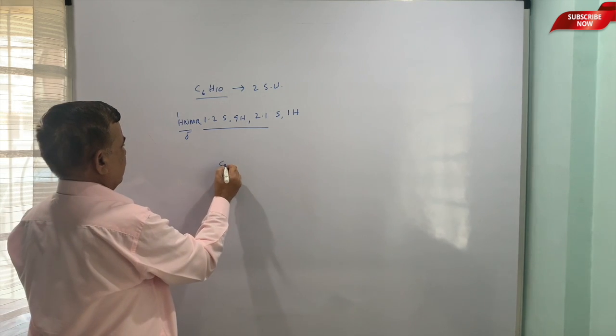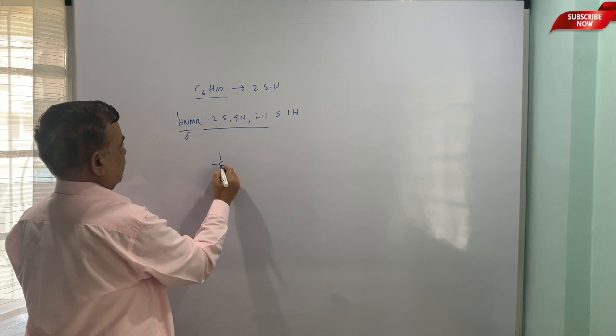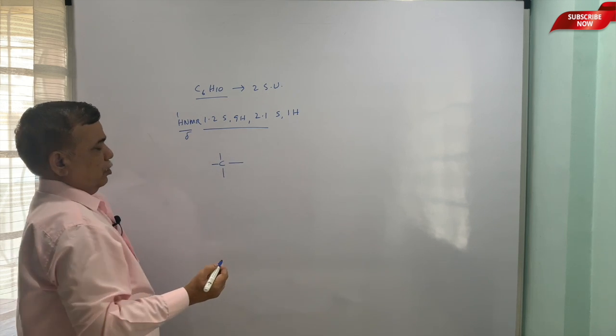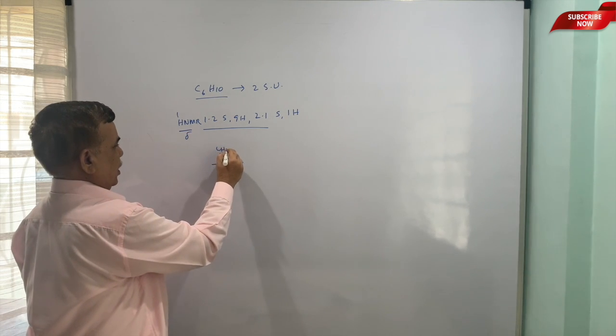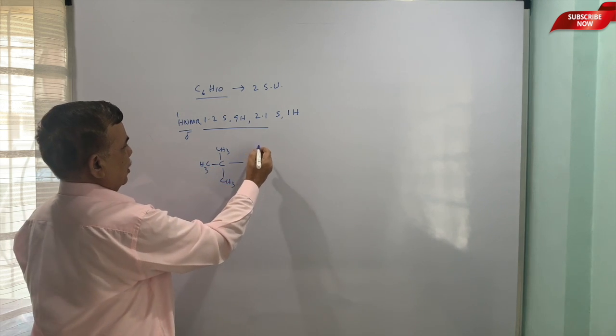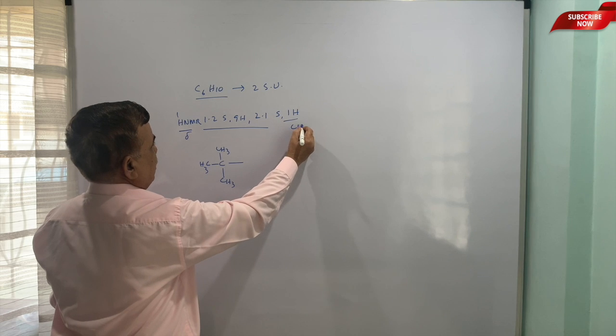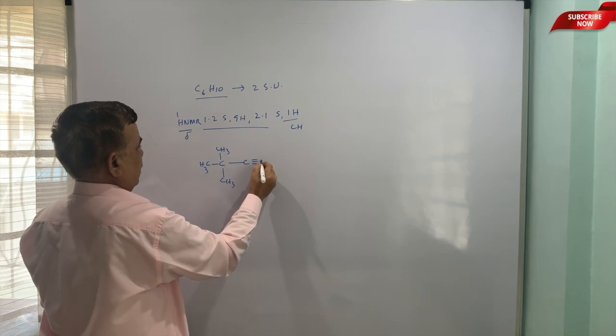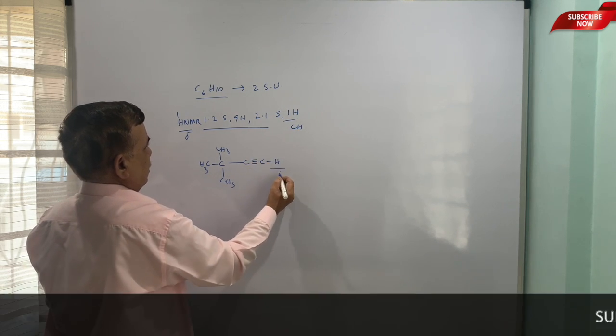And then if I wish to put so many things together, the 9 proton singlet is no doubt tertiary butyl group, and this is the CH.